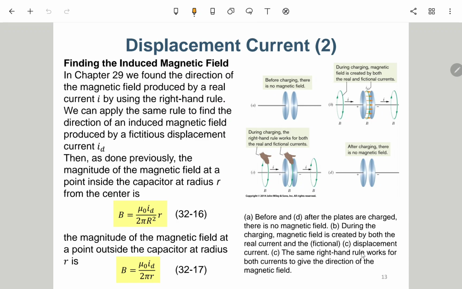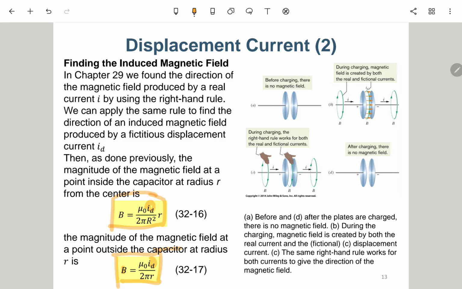And here it also tells you that the B field, if we consider this ID to be a known value, we can actually derive the B field in the capacitor to be like this, and then the B field outside the capacitor to be like this.